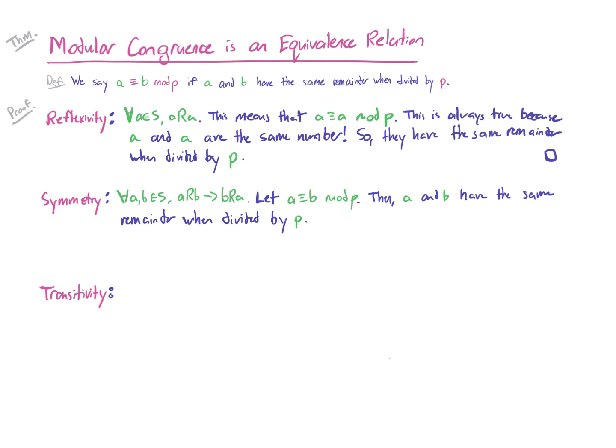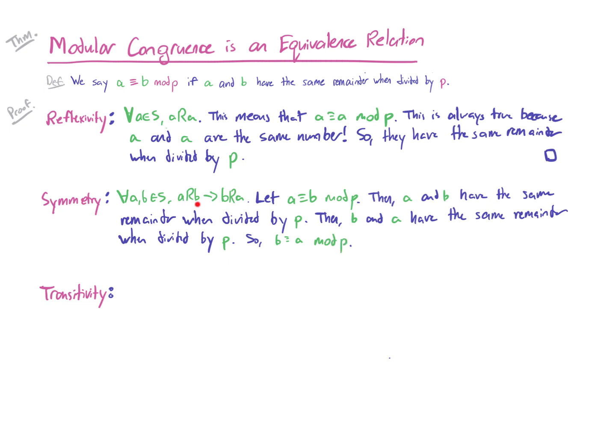Okay, but here's the thing, that's a statement that doesn't depend on the order. We therefore know that B and A have the same remainder when divided by P. So that means that B is congruent to A mod P, which is what we wanted to show.